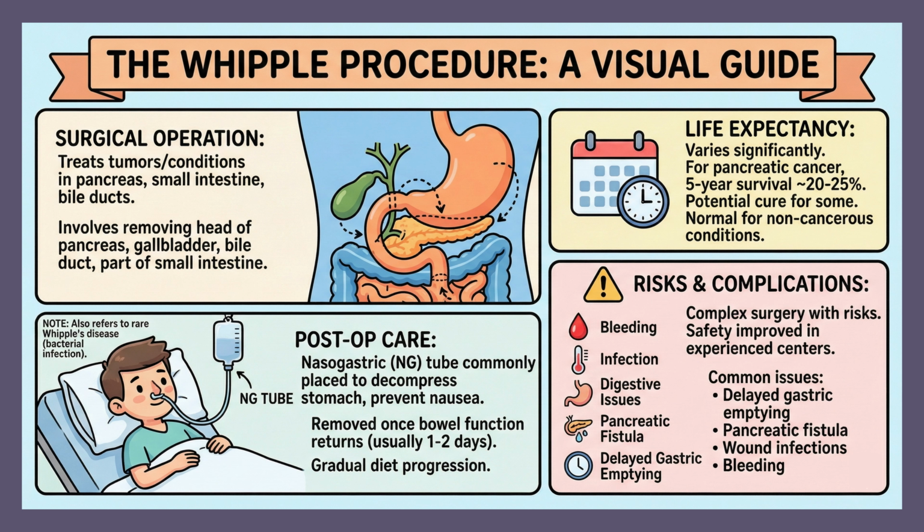It helps rest the digestive system after major surgery, with patients often starting on clear liquids or sips of water soon after, while the tube is removed once the gut wakes up, often within the first day or two, allowing for gradual diet progression.